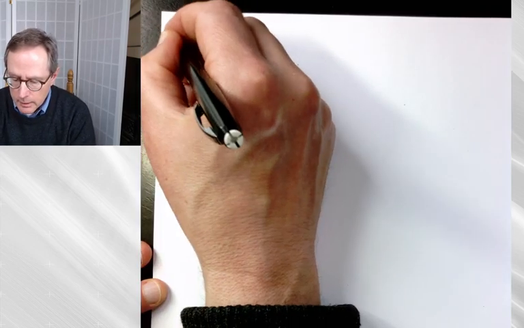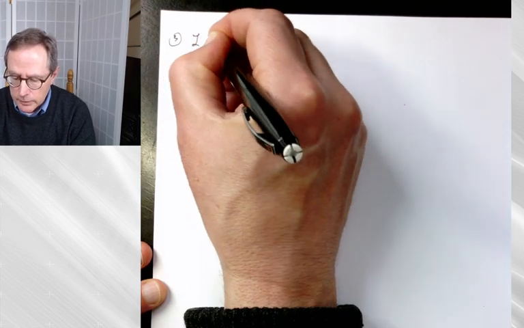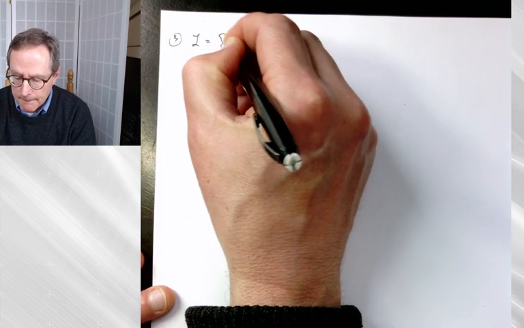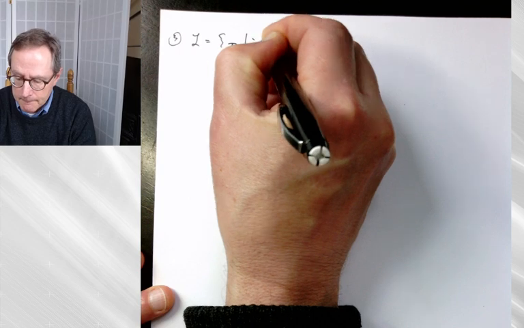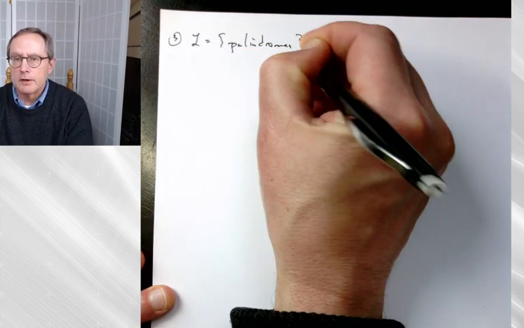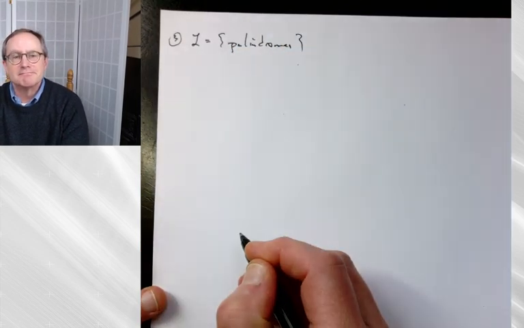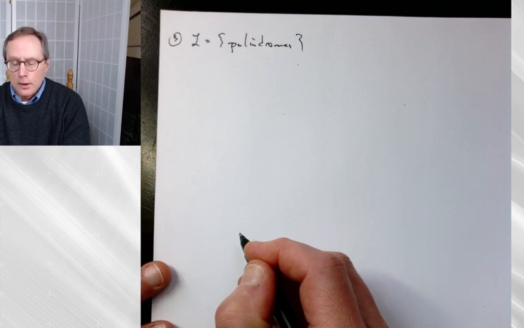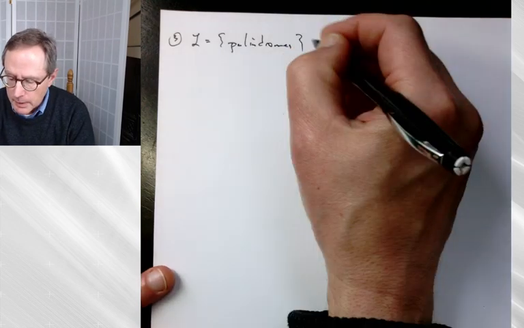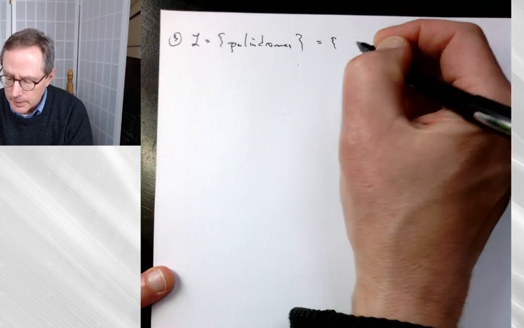So 3. You let L be the set of palindromes. It's not a very good notation, but just to remind a person, I do find it's a bit of a help.